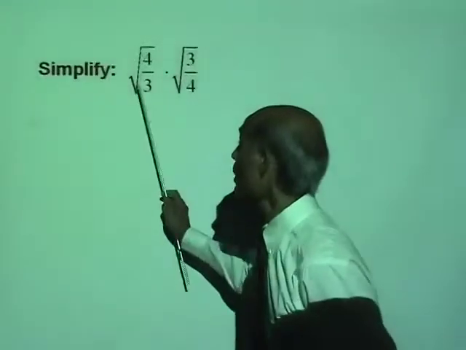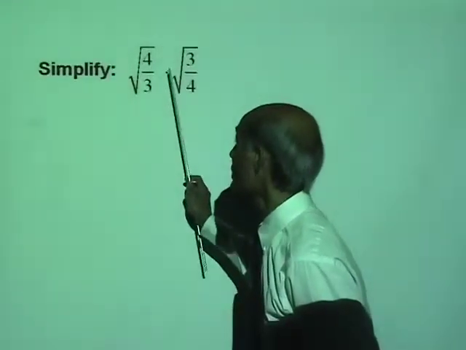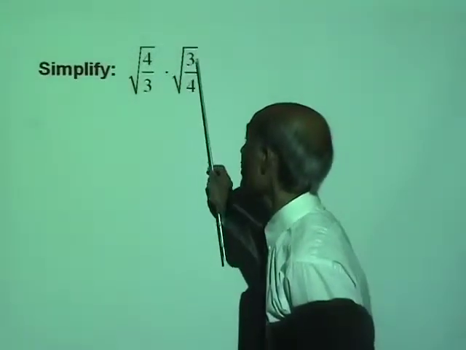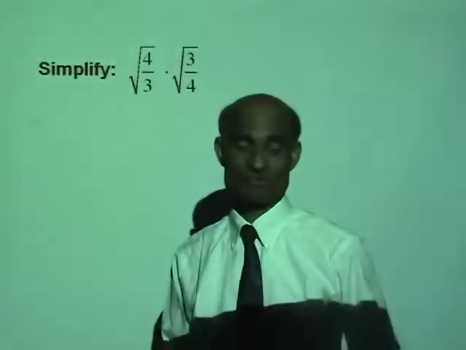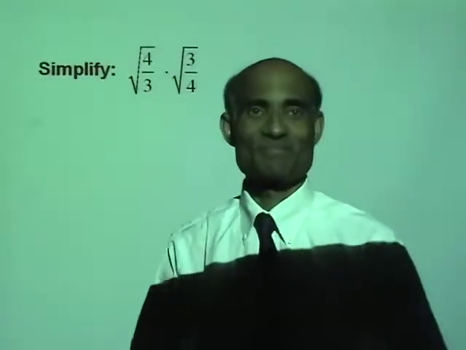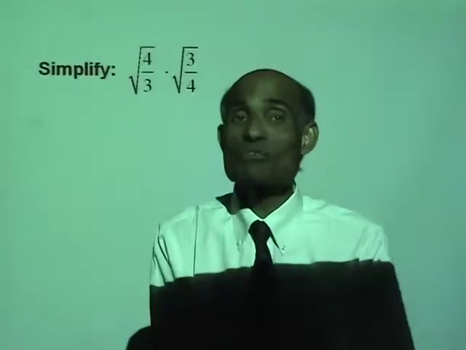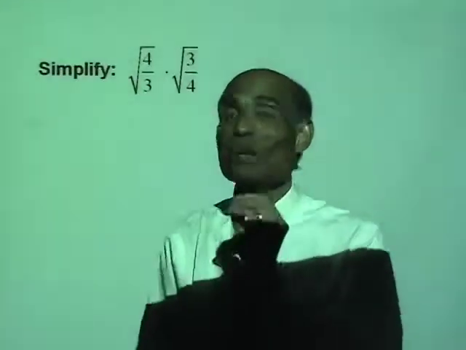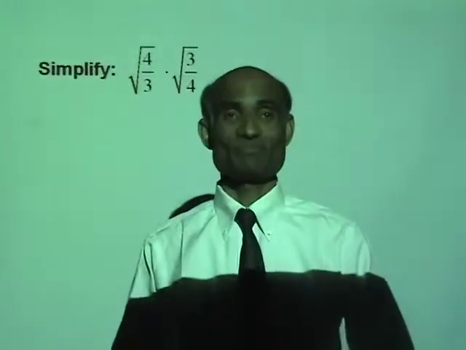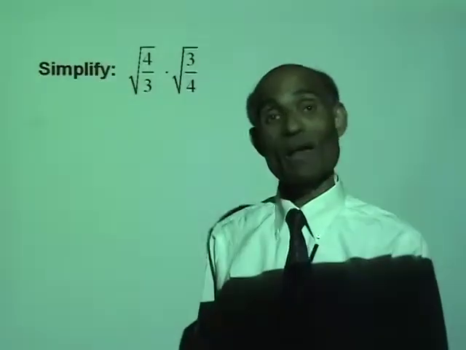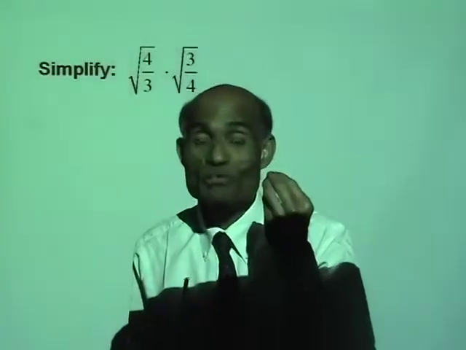Simplify square root of 4 over 3 times square root of 3 over 4. Can you think of a rule that we have done which will make it easy for you? Well, this time it is the product rule.